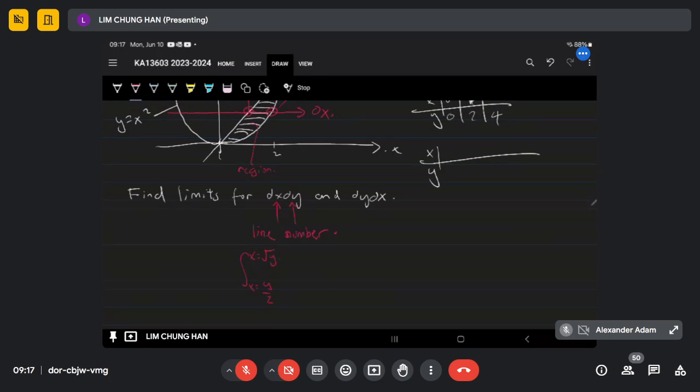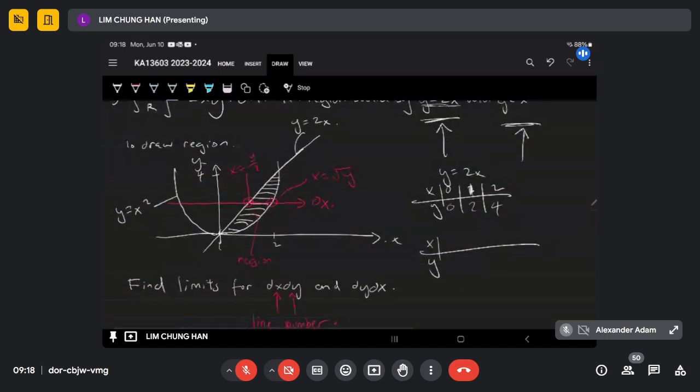Next, we do dy. As I said before, for the second set of limits, you don't have to draw the line anymore. You choose the biggest number and the smallest number in that region. The smallest number, you can see it's there.